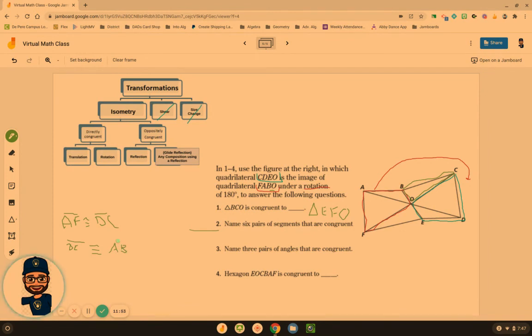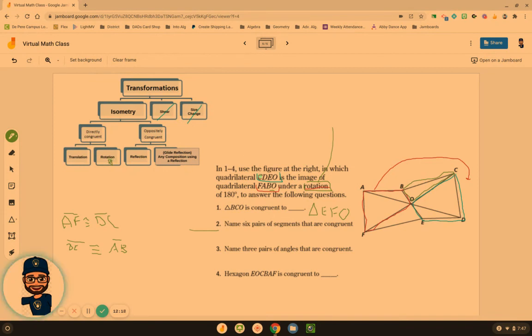All right, now you could do the same thing for number 3. Name 3 pairs of angles that are congruent. Again, I don't really need the image anymore because I know they were rotated. The key is that they are images under a rotation. If they are rotated, they have direct congruency. It says it right there.